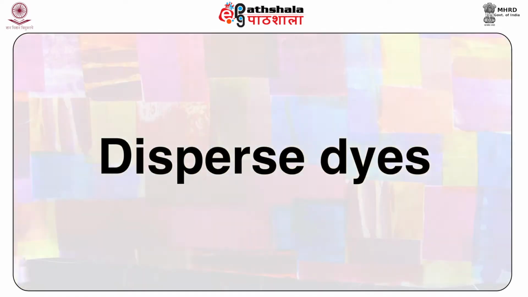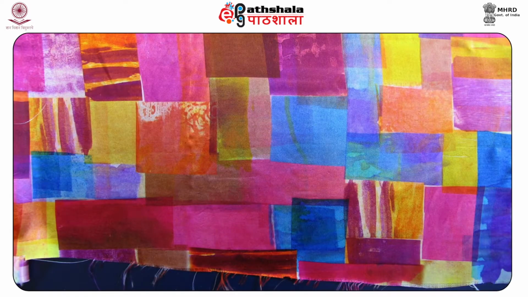Disperse dyes. Disperse dyes are non-ionic, ready-made dyes. They are not soluble in water. They are organic coloring substances used for dyeing hydrophobic fibers. Disperse dye molecules are generally small and have some hydroxyl or amino groups to give finite water solubility at dyeing temperature.